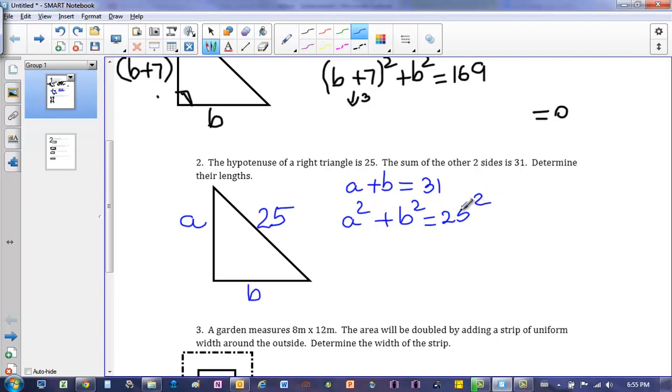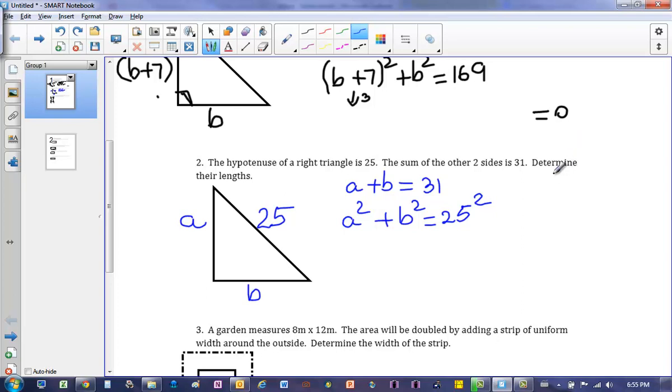Now take a look at the two equations, and hopefully you remember our unit on linear systems. We have two different equations with two different variables. One is a linear equation with exponents 1 for A and B, and the second is a quadratic equation.